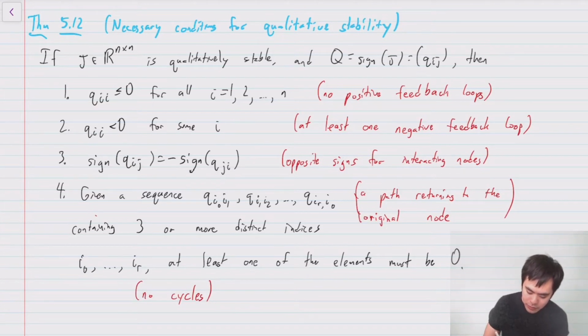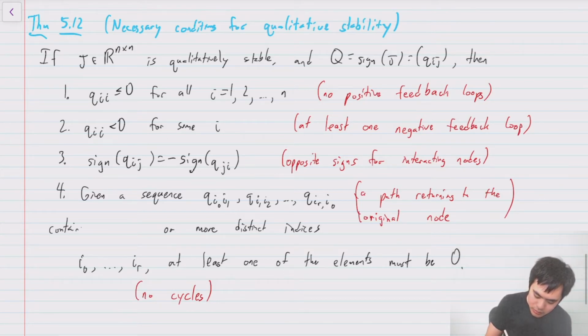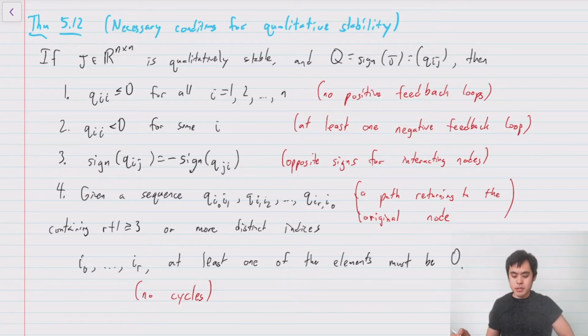Let me rephrase this. Containing R plus 1, greater than or equal to 3, or more distinct indices. So basically, you can't go around in the cycle.